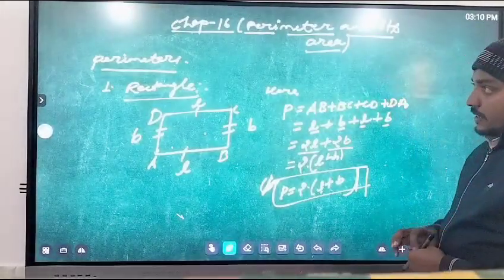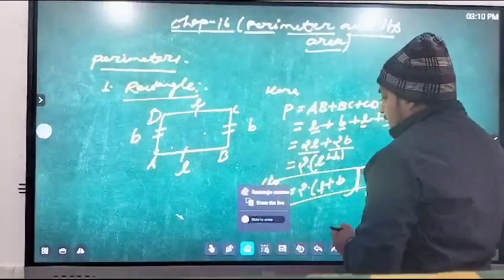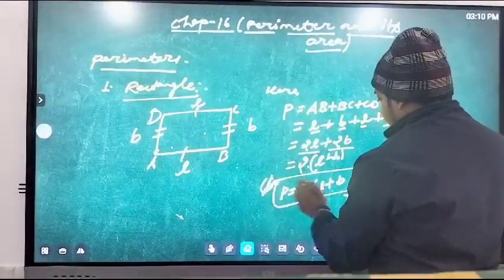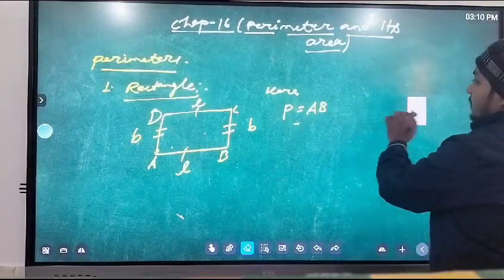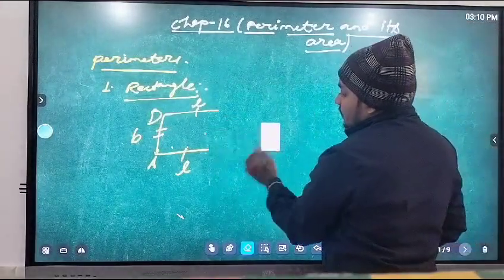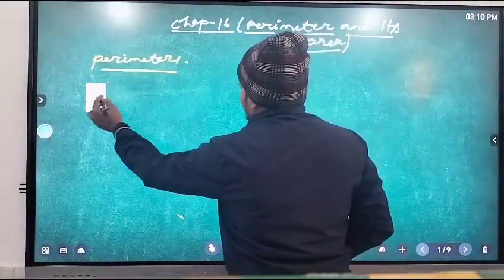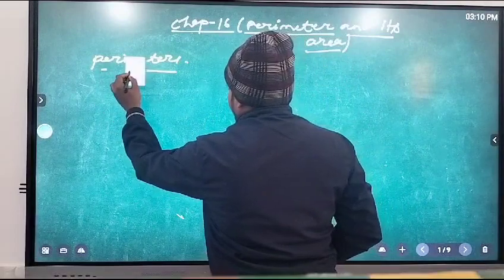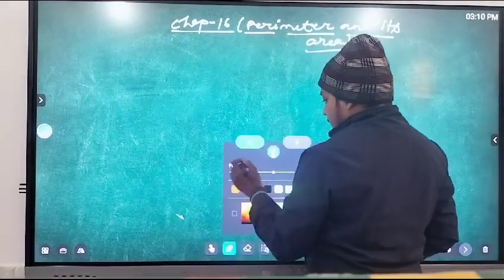If we take another quadrilateral, which is a square, then we have to calculate the perimeter of the square. We have to know the definition of the square. What is the definition of the square?